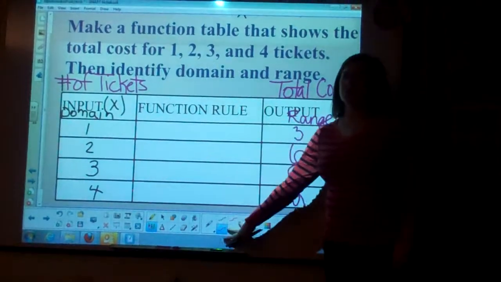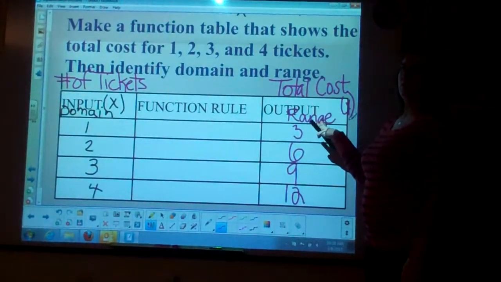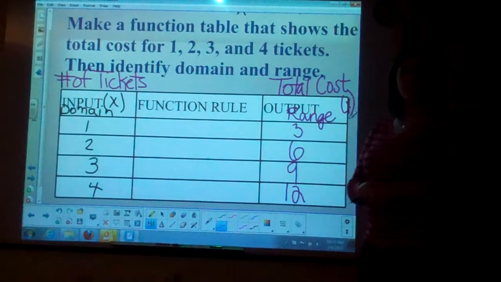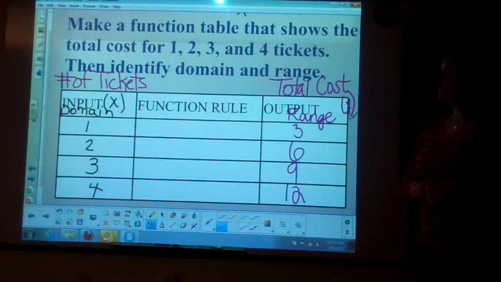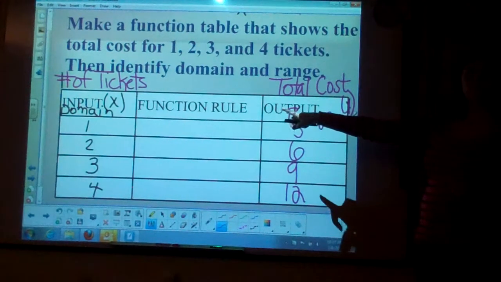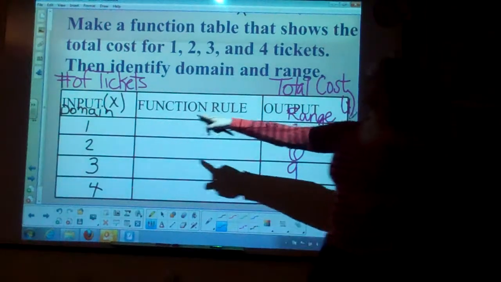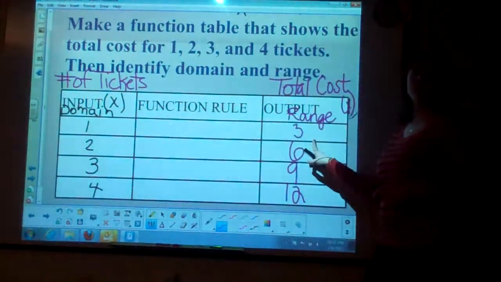So what's our function rule? How do we go from the input to the output? The number of tickets times the cost. Well, what are we multiplying the number of tickets by to get the cost?